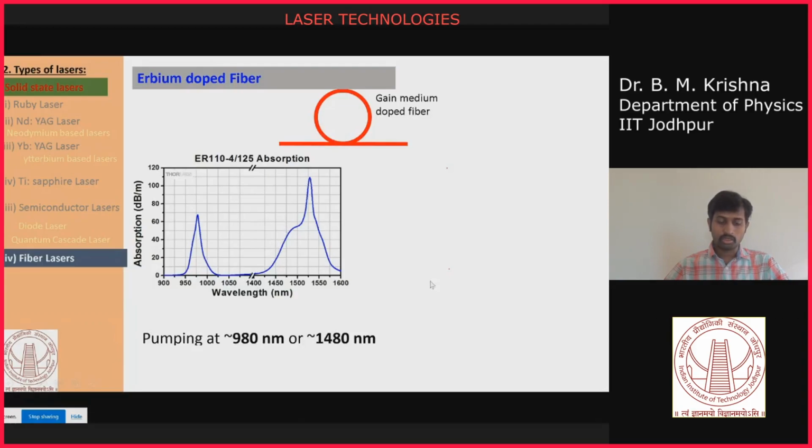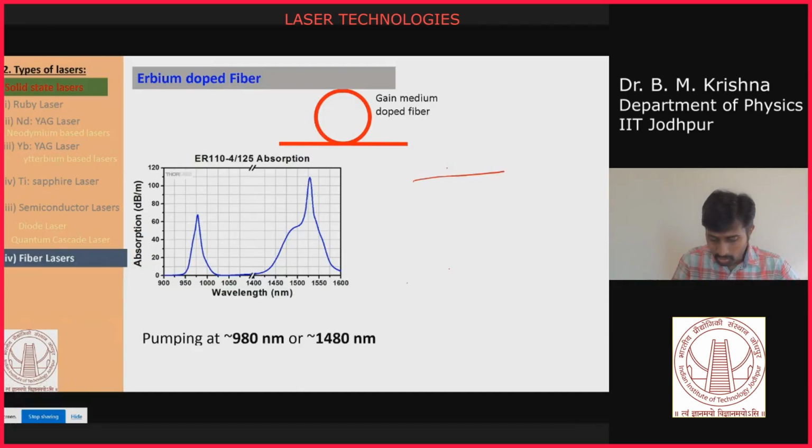You have some different energy levels within the medium that match your 1480 nanometers. This is a part of the absorption spectrum I am showing here, and you also have absorption for even lower energy levels, because you have energy levels where you have spontaneous emission.